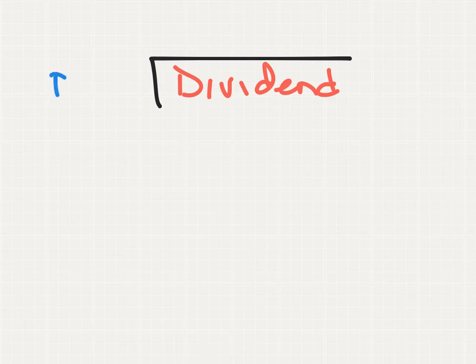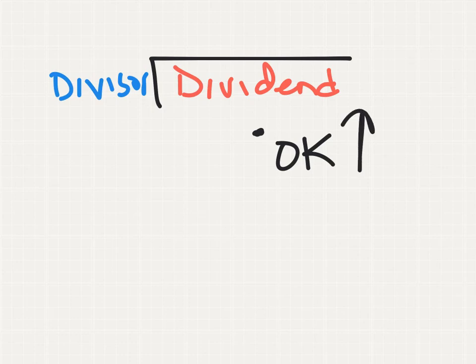Let's go ahead and wrap up this lesson. So we said the dividend is divided by the divisor. And that if I have a decimal in my dividend, this is absolutely okay. When I have a decimal in my dividend, I simply push it to the top of the house and divide as normal. But if I have a decimal in my divisor, that is definitely not okay.